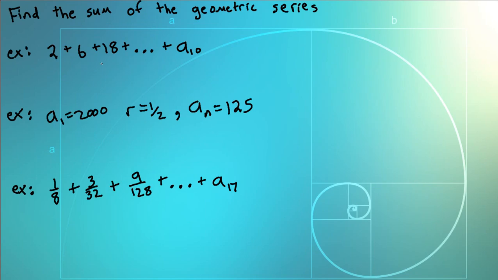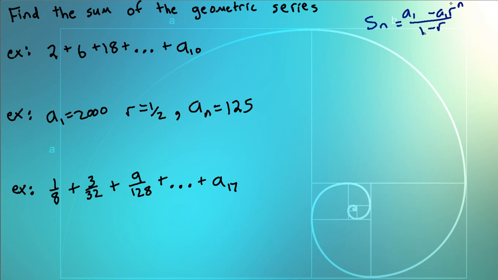Okay, next thing is to find the sum, and our sum formulas. Sn, we could do the first term, and then from there, we could subtract the first term times the ratio to the n, all over 1 minus the ratio.